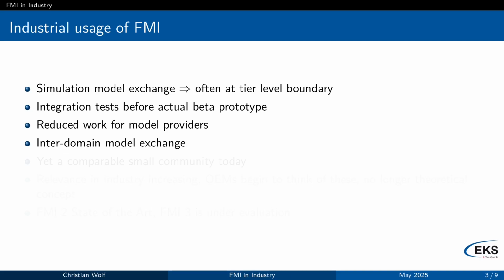In fact, this reduces the work for the model providers because they don't have to provide arbitrary, complex and detailed models, and you have the option to do some inter-domain model exchange, like you have some electronic models and you use them, for example, in automation systems, and then you can reuse what you have already modeled in electronics there.